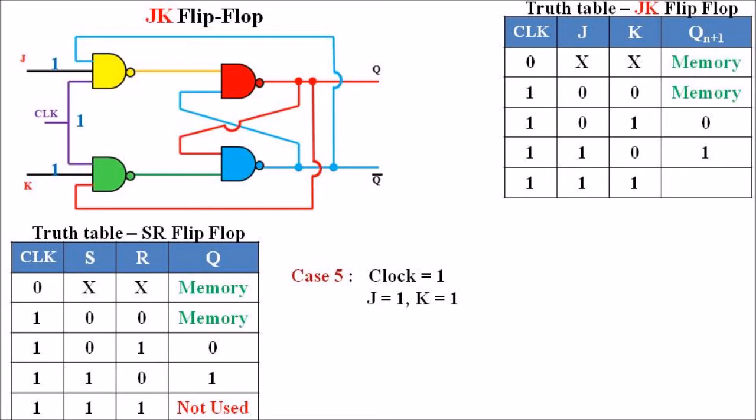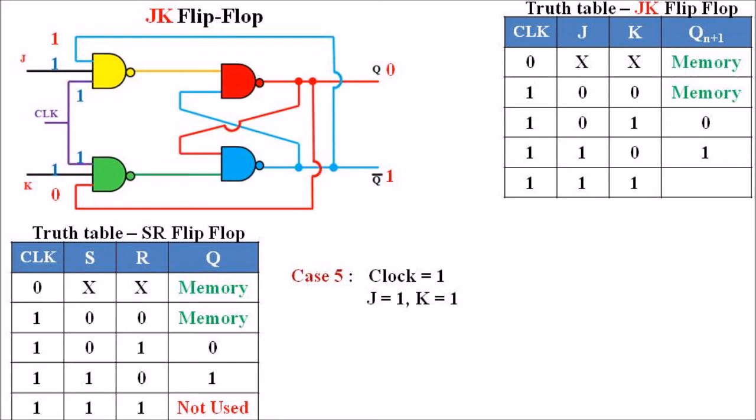Let us assume we are starting with Q equal to 0 and Q complement equal to 1. This means the Q value is feeding towards the second NAND gate, the green NAND gate, and the Q complement value 1 is feeding towards the first NAND gate, the yellow NAND gate.